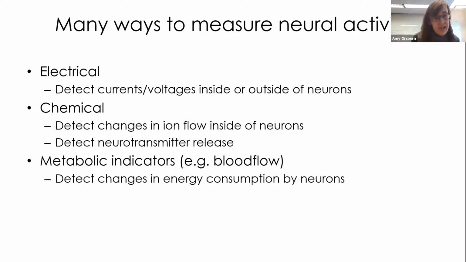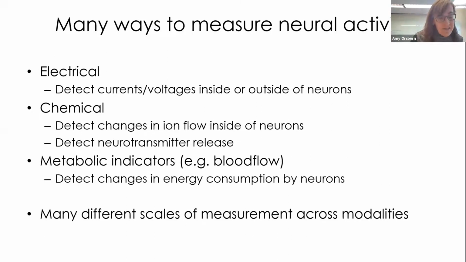They're looking at the changes in blood flow in the brain rather than the electrical or chemical activity of neurons directly. In addition, we can make all of those measurements at lots of different scales. Within any modality, you could try to make really precise measurements of individual neurons, or you could make measurements that capture activity of groups of neurons together.